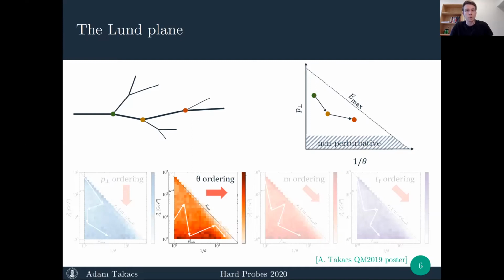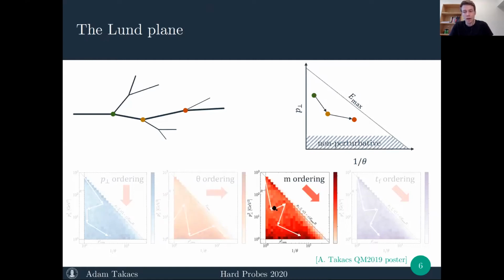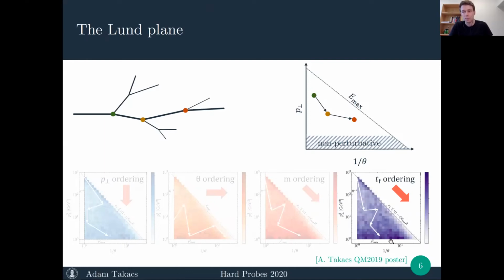The next one is an angular ordered shower, which evolves from the left to the right, so decreasing the angle. As before, the distribution is homogeneous, very similar to the previous one, but the individual path is in a different direction. I also implemented virtuality and formation time ordering for parton showers, and these evolve diagonally downwards, and the distribution, again, is very similar to the previous one.